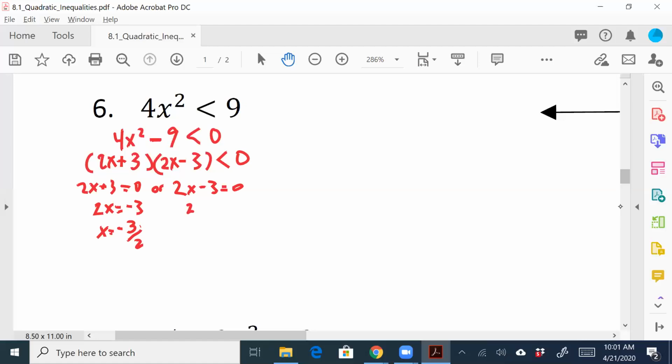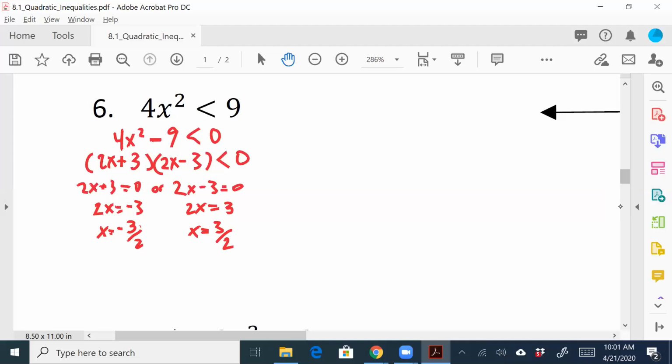Over here, 2x equals, adding 3 to both sides gives us 3, and then dividing by 2, x equals 3 halves. So -3 halves and +3 halves.